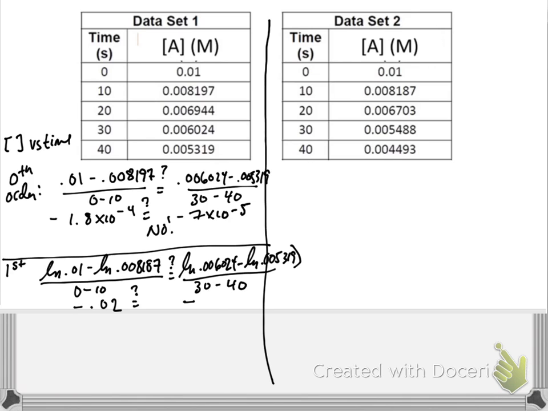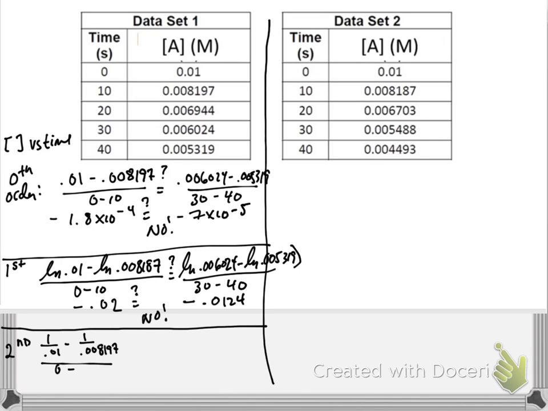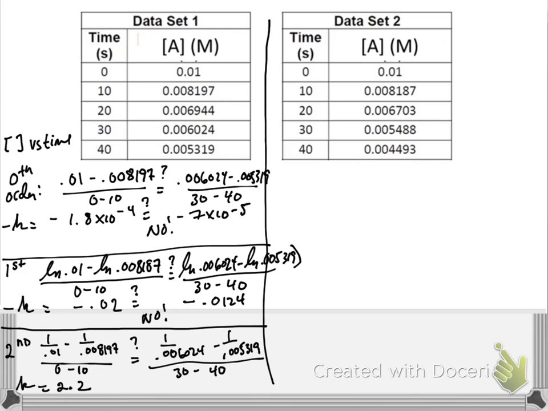Okay, this takes us to where we were. And now, if we don't have zero order or first order, we evaluate second order by taking the reciprocal, right? So we want to know, is this slope the same at the beginning and at the end, the reciprocal slopes? Remember, each of these slopes is either minus k for zero and first order or positive k for the second order.